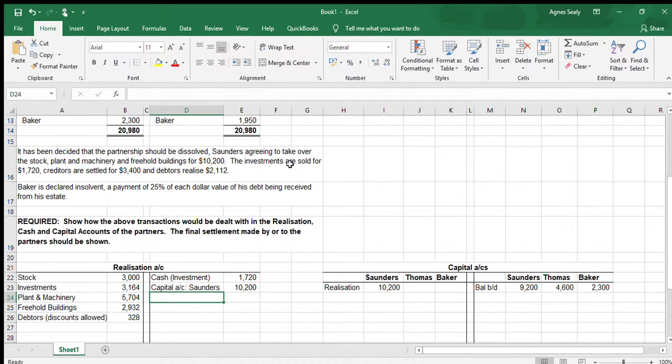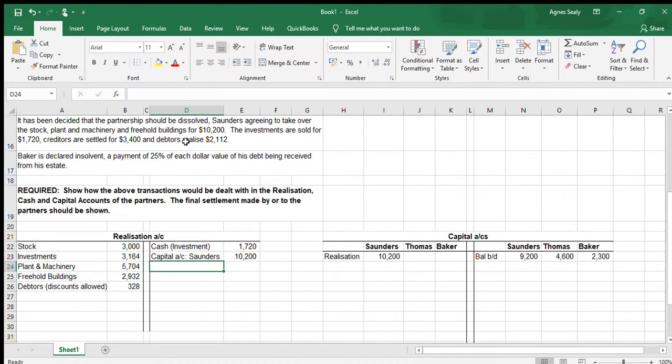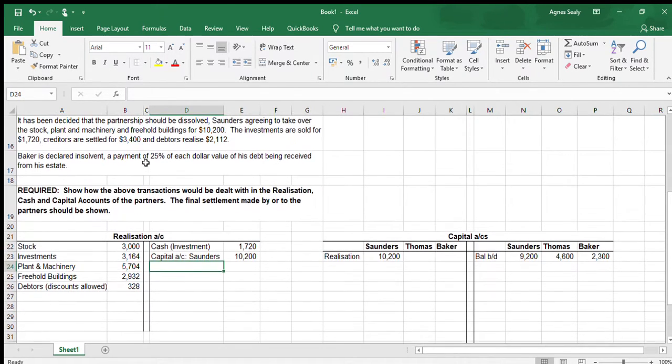We have looked at the investments that are being sold, so we have debited the cash account and credited the realization account for the investment being sold. We have looked at our debtors, the amount of money we collected from our debtors by debiting the cash account and the debtors account being credited, and then the difference of discount that is debited in the realization account.